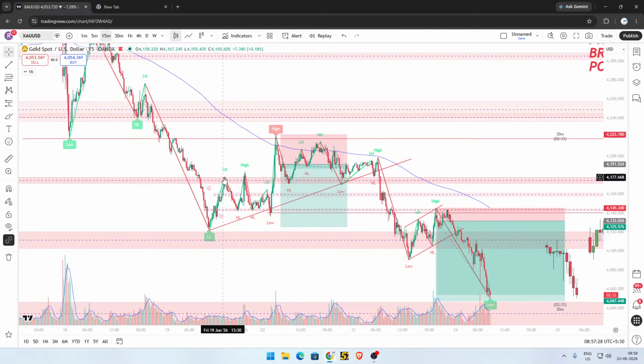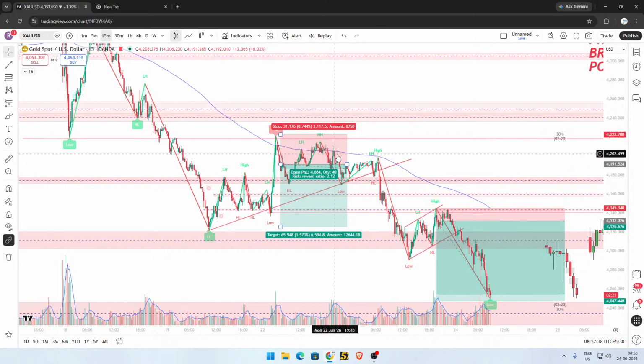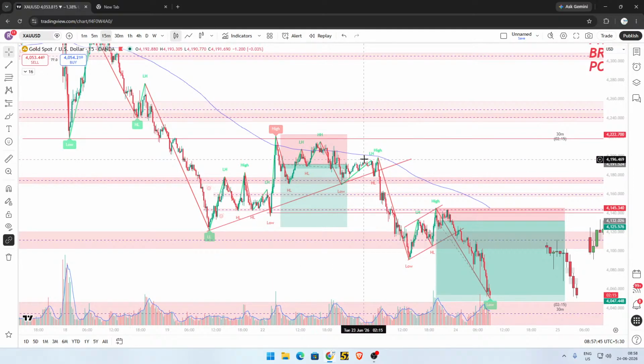Lower low, this one is lower high, this one is higher low, new high, then it took the liquidity, then it went up. So here it gave a little change of character, then from the lower high, it gave a breakdown. This is a liquidity sweep.